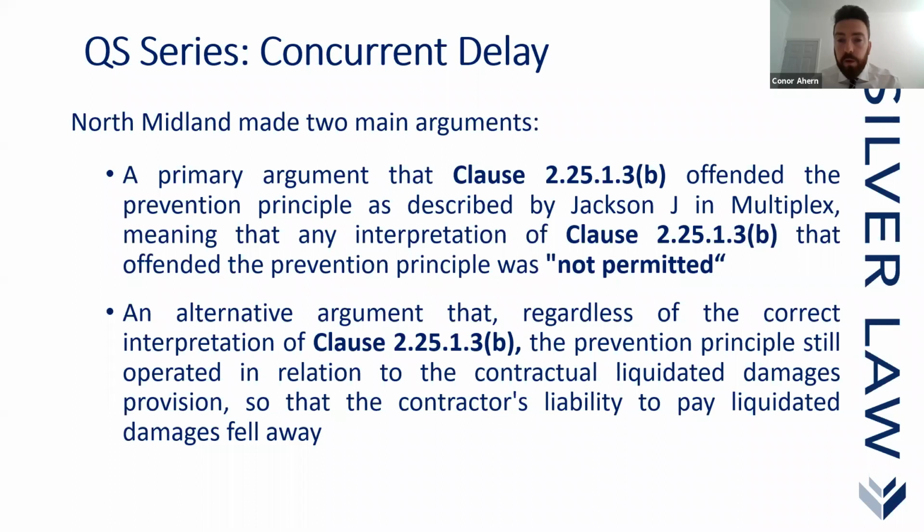So that was the primary argument, that the clause offended the prevention principle, and as a result should not apply. The alternative argument was, regardless of the correct interpretation of the amendment, the prevention principle still operated in relation to the contractual liquidated damages provision, so that the contractor's liability to pay liquidated damages fell away.